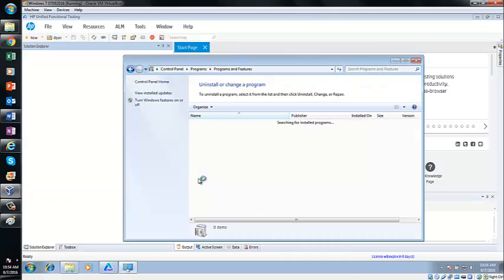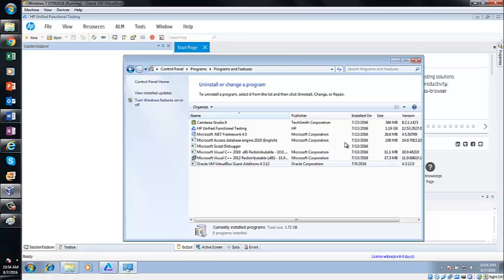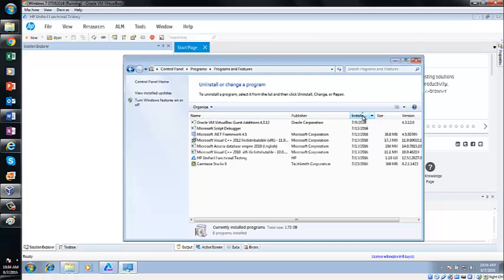If you come here, let's sort it by the latest date. So this is the Microsoft Script Debugger I installed on 7/13. When you install something, like clicking next, yes, it comes onto your menu here.